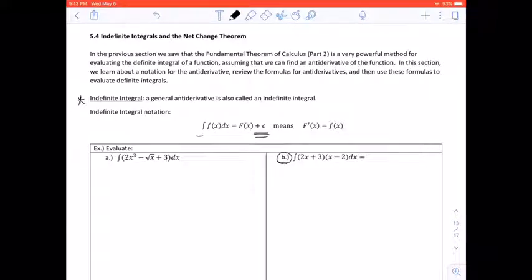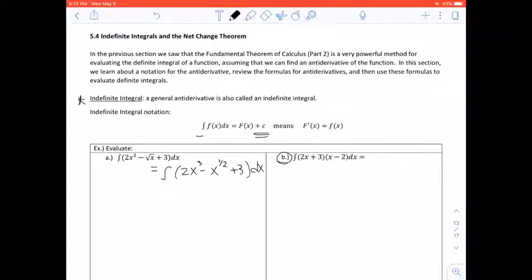ending antiderivative. So the first one that we have is evaluate the integral of 2x cubed minus, and I'm going to rewrite that as x to the 1/2 plus 3 dx. We're going to go term by term, taking the antiderivative of each one.